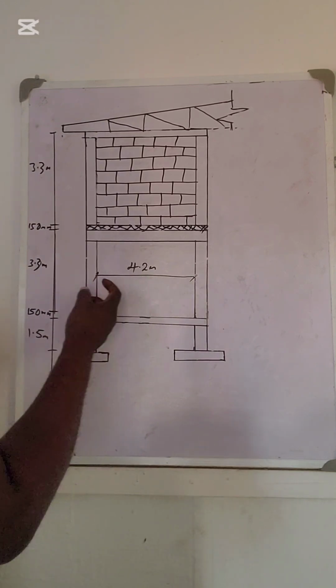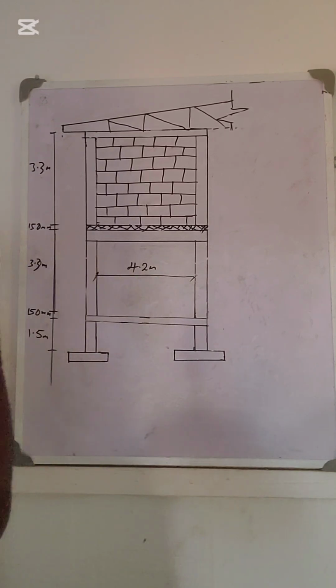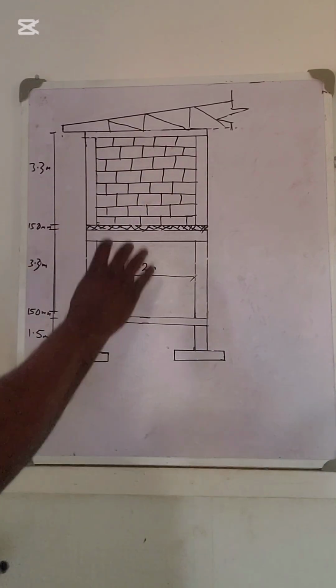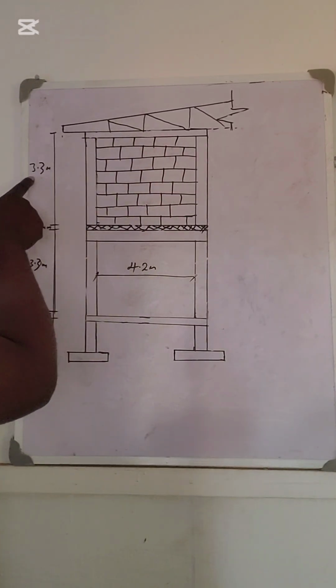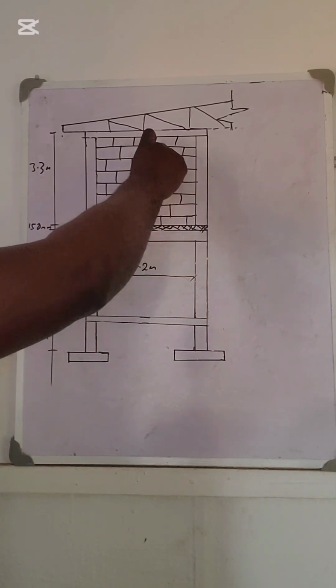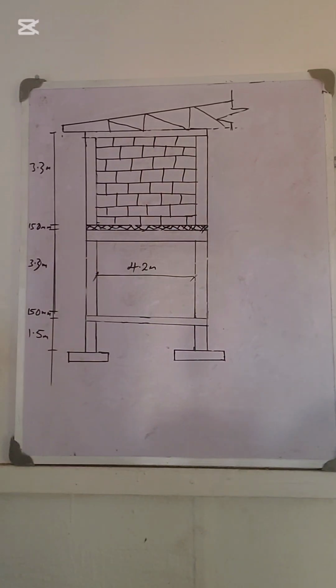Assuming the clear span between column and column is 4.2, this is the first thing to do because you already know the height and the width.